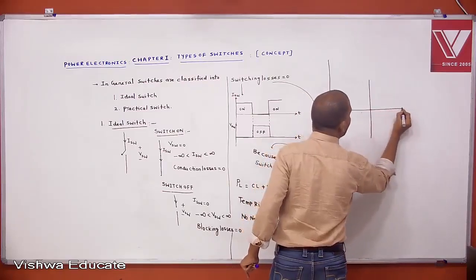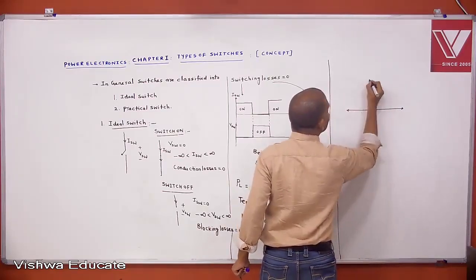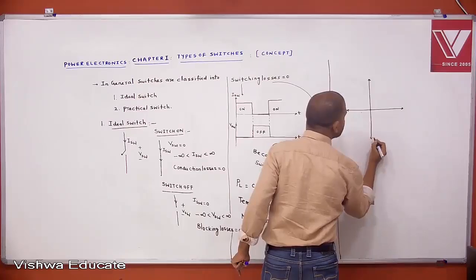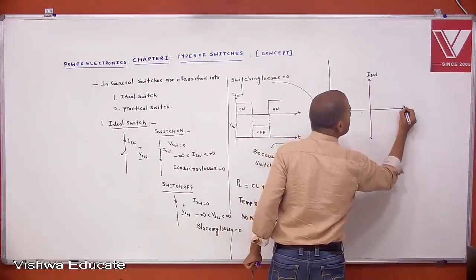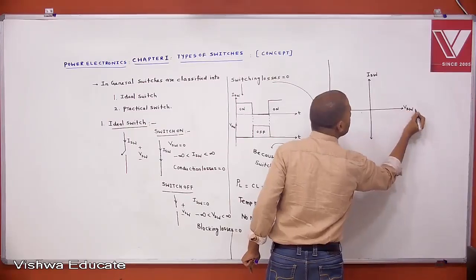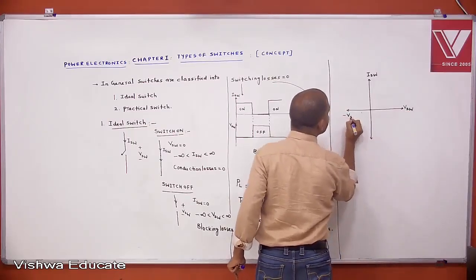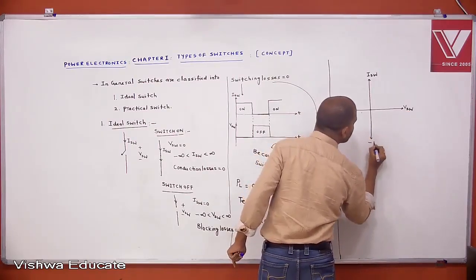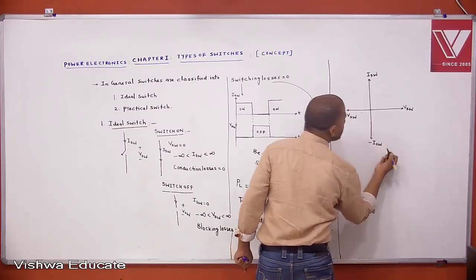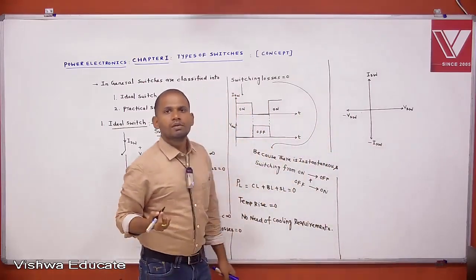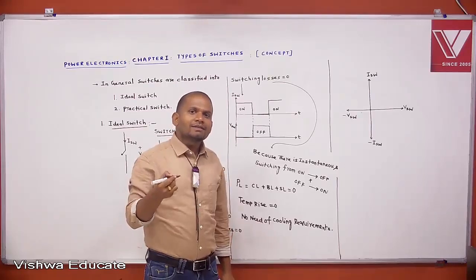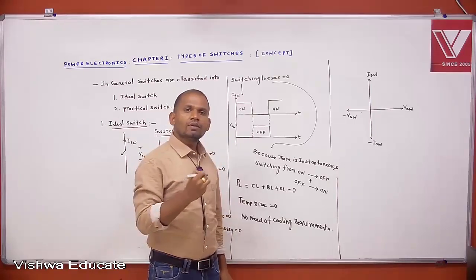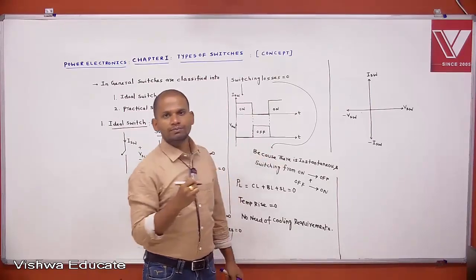Can you draw the characteristics of an ideal switch? IV characteristics of ideal switch. This is ISW, this is VSW, this is minus VSW, and this is minus ISW. Then how to draw the ideal characteristics of any switch, this is the concept you follow.